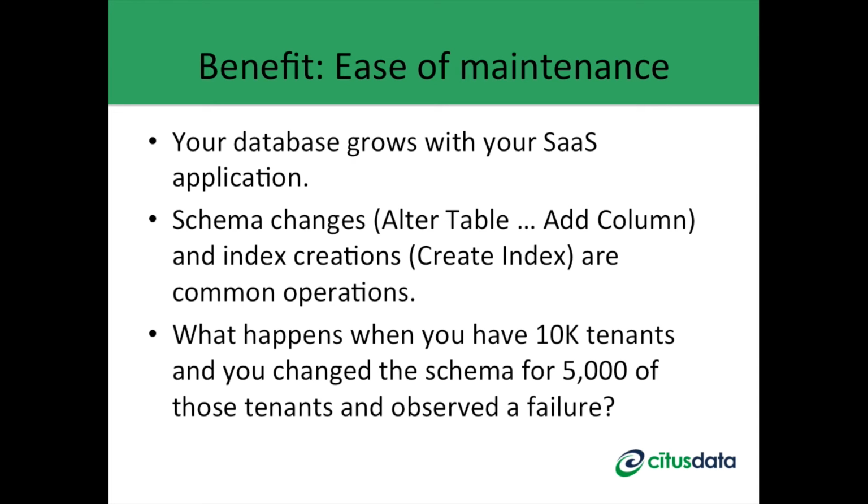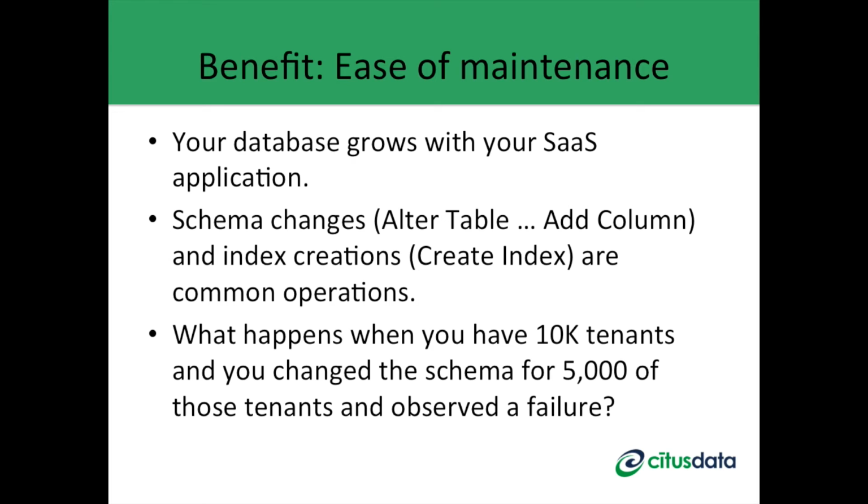Finally, a second benefit of having all tenants share the same tables is operational simplicity. Another challenge associated with supporting thousands of tenants is schema changes and index creations. As your application grows, you will iterate on your database model and make improvements to it. If you're following an architecture where each tenant lives in a separate database, then you need to implement an infrastructure that ensures that each schema change either succeeds across all tenants or it gets eventually rolled back.